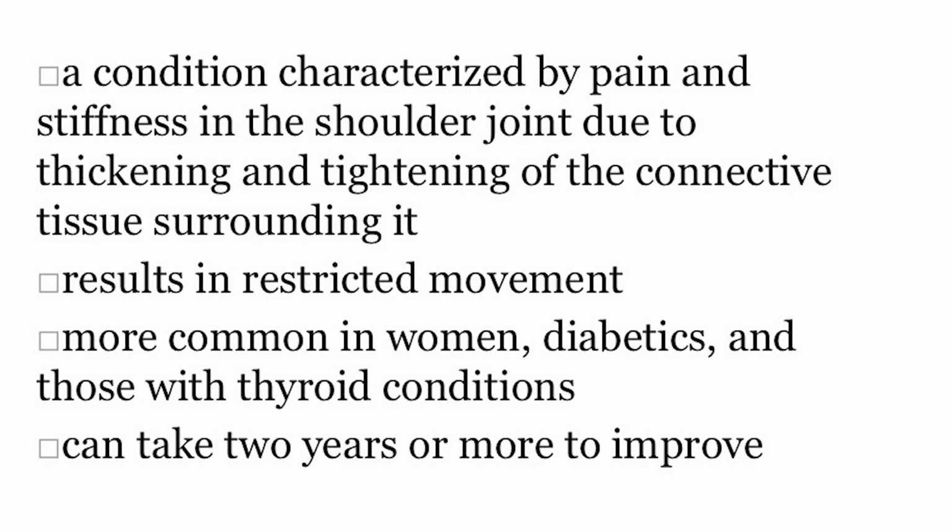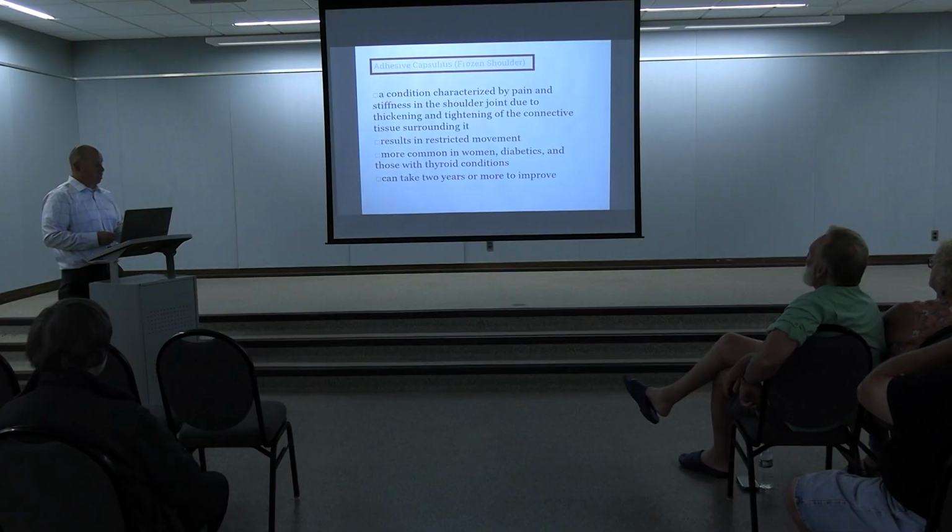It's known to be more common in women, patients with diabetes or thyroid conditions. And with this condition, patience is key because it can take up to a couple of years to improve. So it can be mentally challenging as much as it is physically challenging.